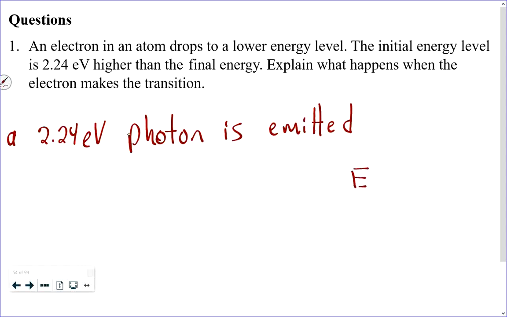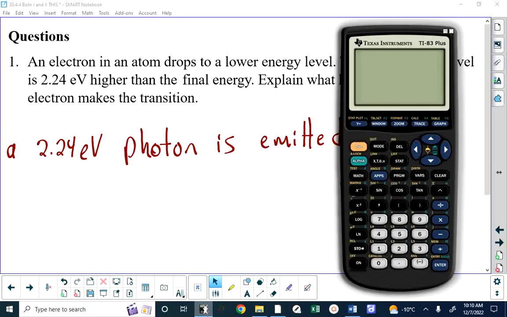Because E equals hc over lambda, and 1242 eV nanometers is our friend here. We do not want to be messing around with entering Planck's constant and the speed of light. We just take 1242 divided by 2.24, and we'll get the wavelength. A 555 nanometer photon is emitted.